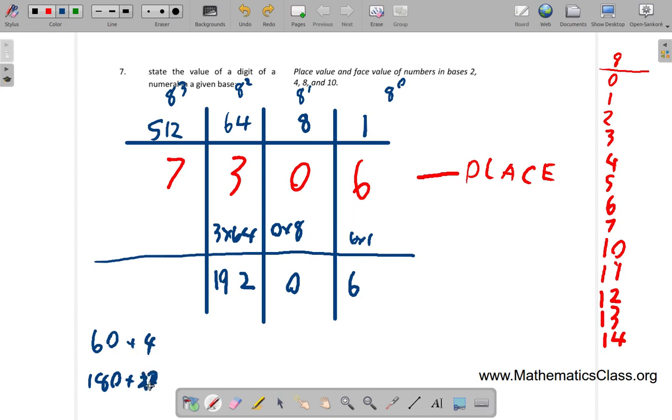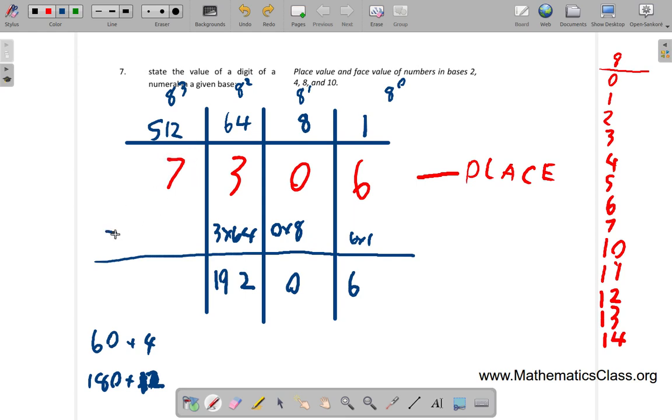My mistake. So 180 plus 12 gives you 192. That's another way you could work it out using pencil and paper only without the calculator.